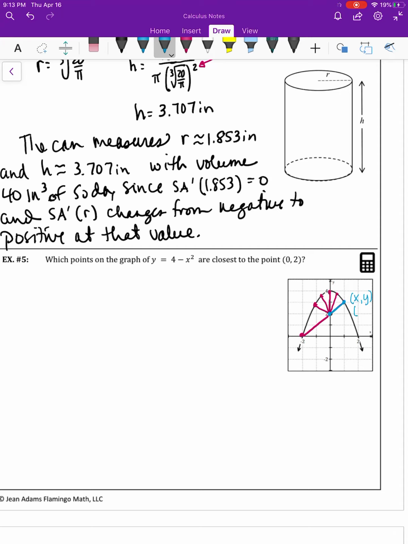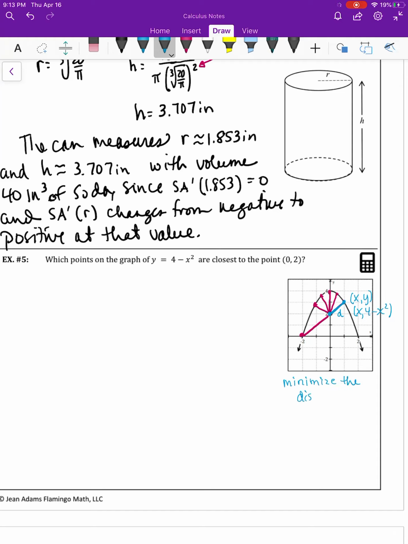So we're going to choose just one point on your function. It's an xy point on your function, but since your function is y equals 4 minus x squared, we're going to call this point x comma 4 minus x squared, because that is our y.